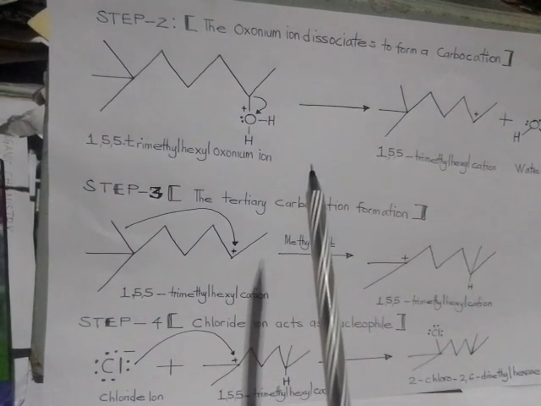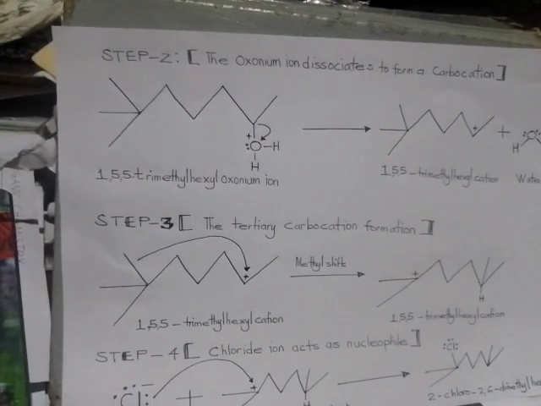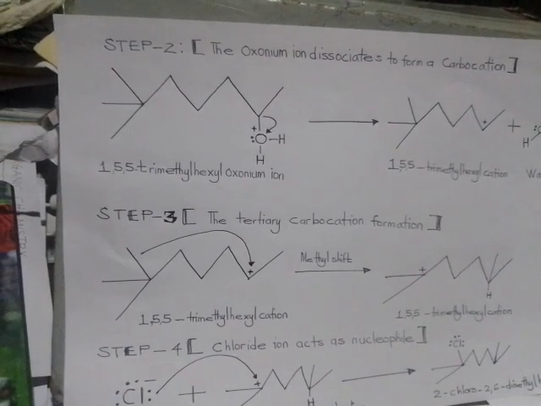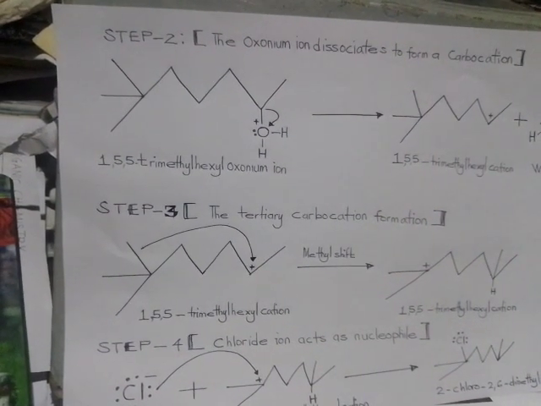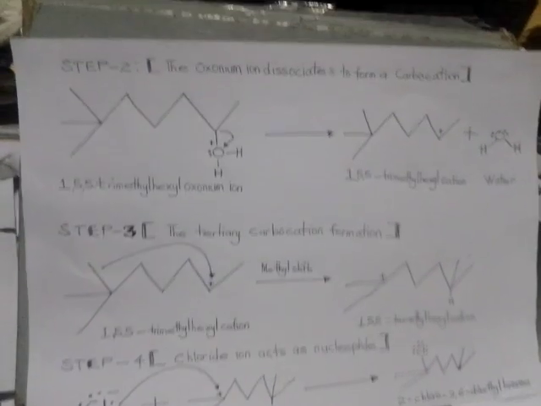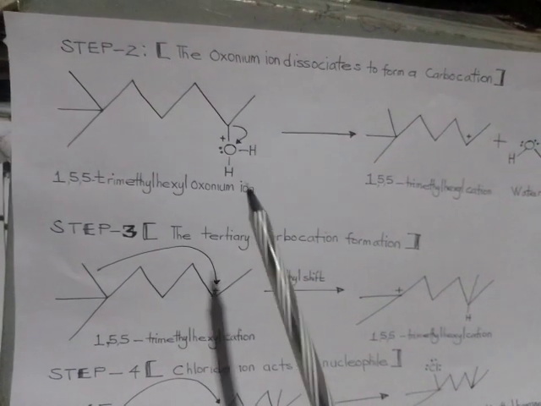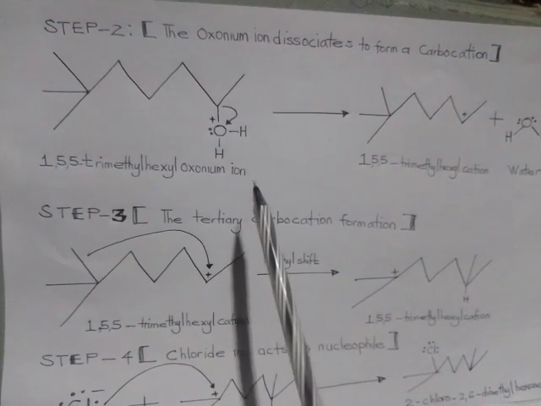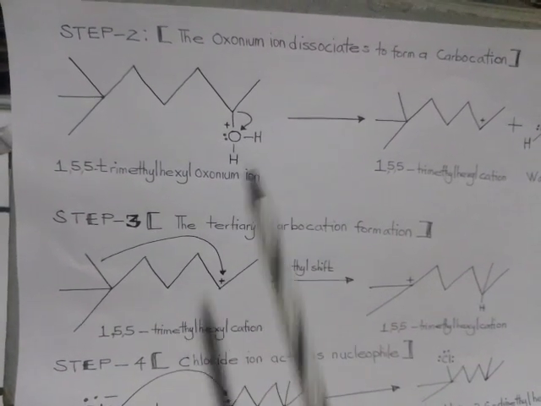An oxonium ion is an ion that consists of oxygen. An oxonium ion could be monoatomic or polyatomic, but we are not really discussing that. In this step we are looking at how these oxonium ions will dissociate. If you hear the word dissociate, it means break off, detachment, separation.